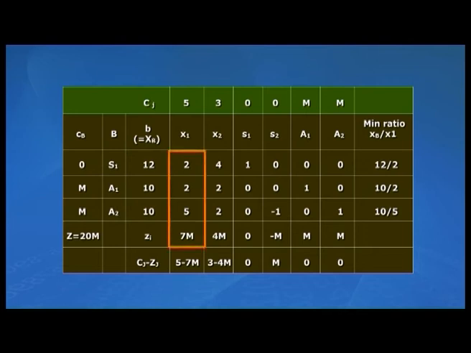So in the x1 column, we get 0 into 2 plus M into 2 plus M into 5, equal to 7M. Similarly, we get the Zj values of the other columns as 4M, 0, minus M, M and M. In the next row, we calculate the values of Cj minus Zj, which are 5 minus 7M, 3 minus 4M, 0, M, 0 and 0.